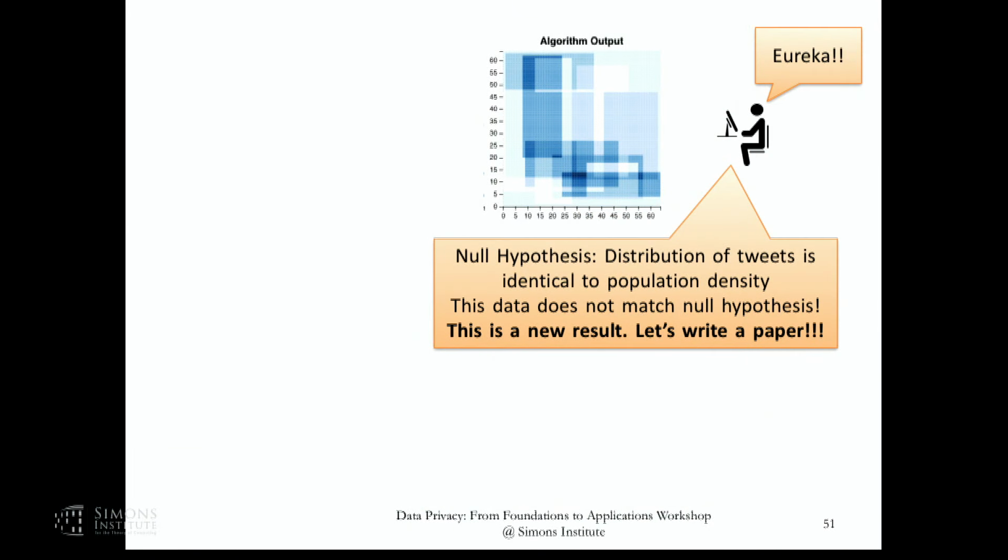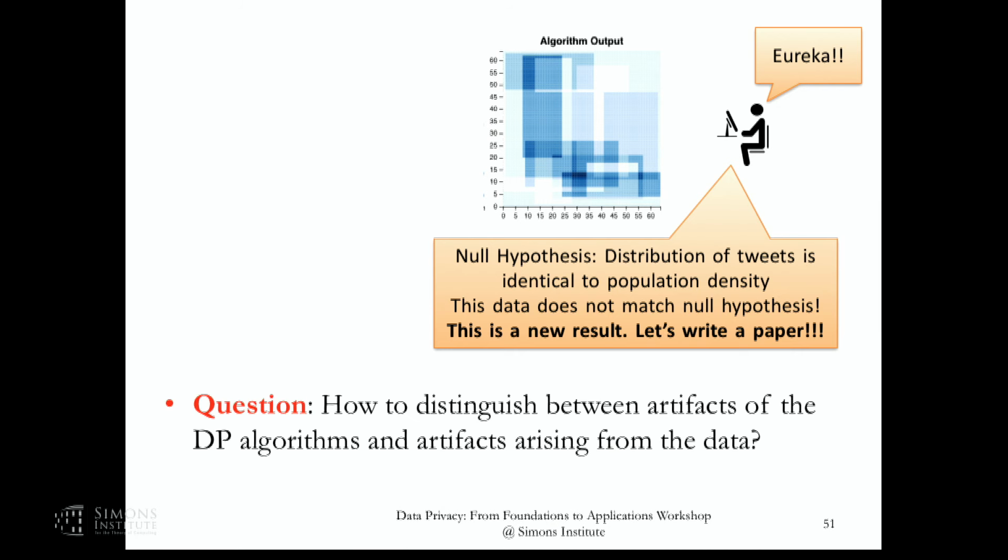The algorithm creates these boxes and then uniformly spreads the data out there. It's not coming from the original data itself, right? And so the real question here is, how can we distinguish between artifacts of privacy algorithms and artifacts arising from the data?